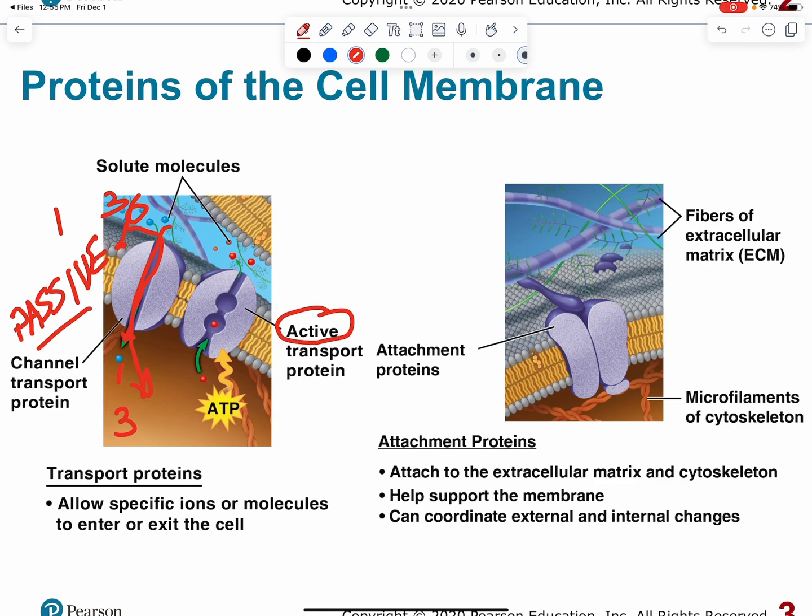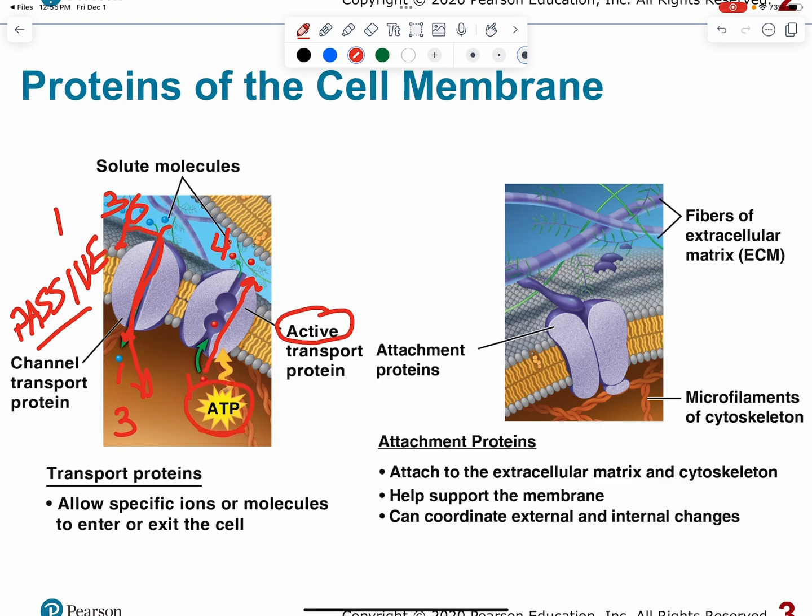Now look at this channel protein that is called active. Now we're going from where there's one molecule to where there are 4 molecules. So normally it would go in the direction of where there's more to where there's less, the passive flow, but we want to go up the river. We want to go from where there's less to where there's more, and that will require energy in the form of ATP.